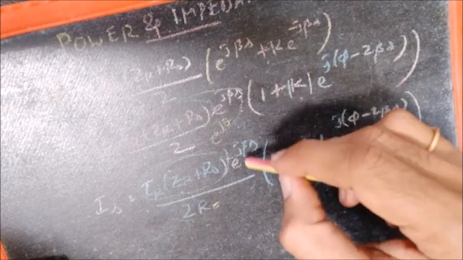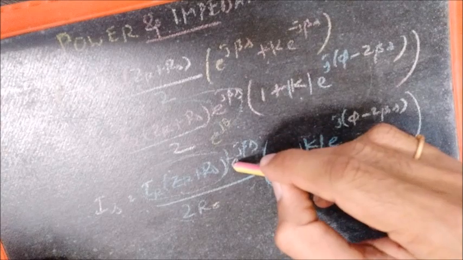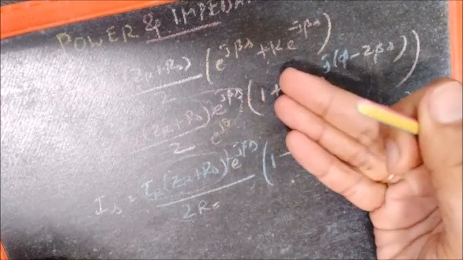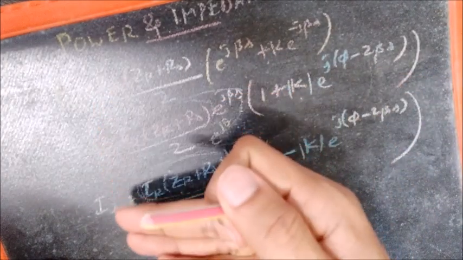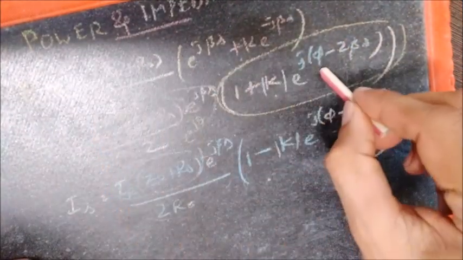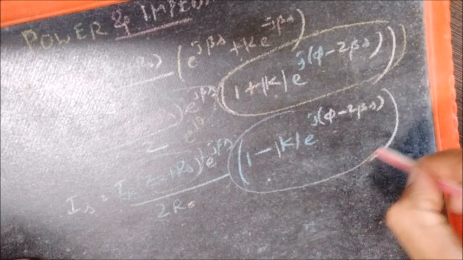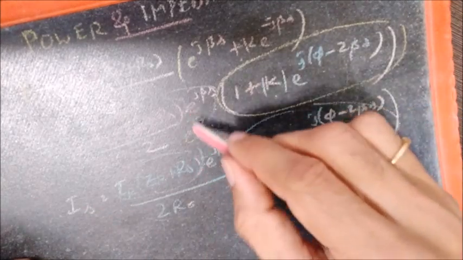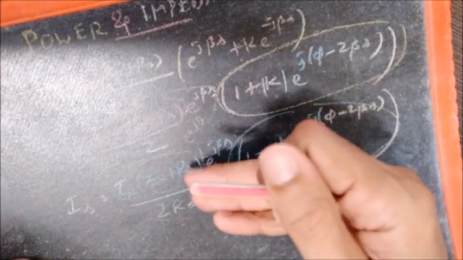Now the phase part being the same, we can neglect them and proceed with a phasor representation of voltage as well as current using only these two. Because voltage is proportional to this, current is proportional to this. This is a phase which is common for both voltage and current.